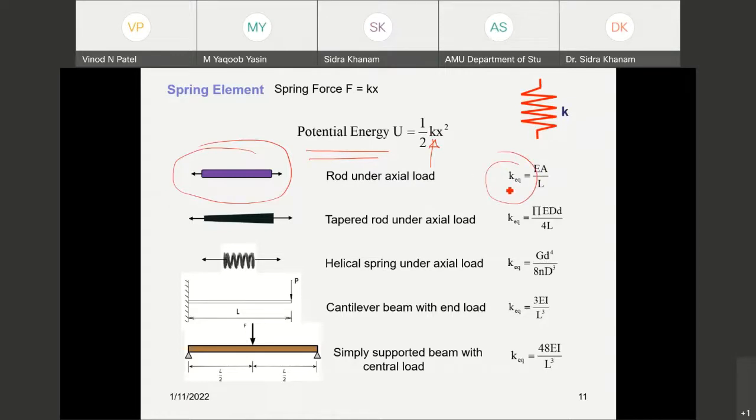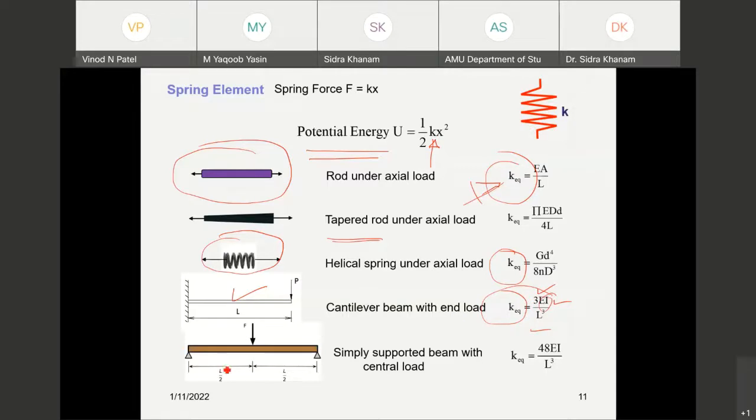In the same way, for a tapered rod, k can be found based on its diameter. For a helical spring, you can find the value of spring stiffness. If the component acts like a cantilever beam, you can find the equivalent k based on its Young's modulus, length, and the value of I, the second moment of area or moment of inertia.